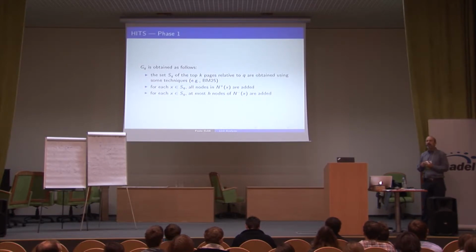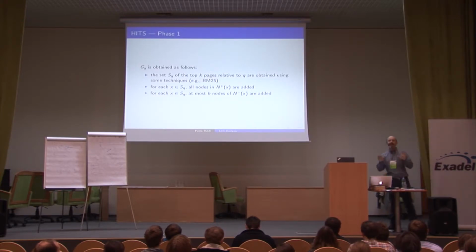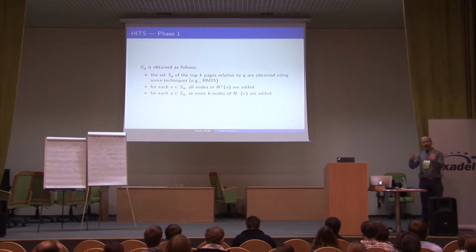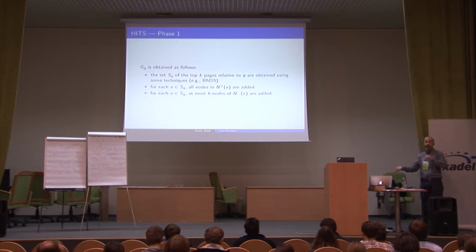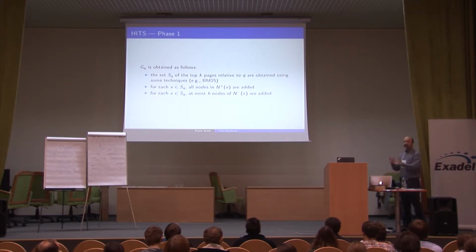Is anybody aware of what BM25 is? It's a formula. You can look for it on the web. It's a big formula that, given a query and the text of a page, computes a score that tries to tell you how likely it is that the page matches the query. It's based on the number of occurrences of the query words in the page, on the overall number of occurrences of the words in the collection, and so on.